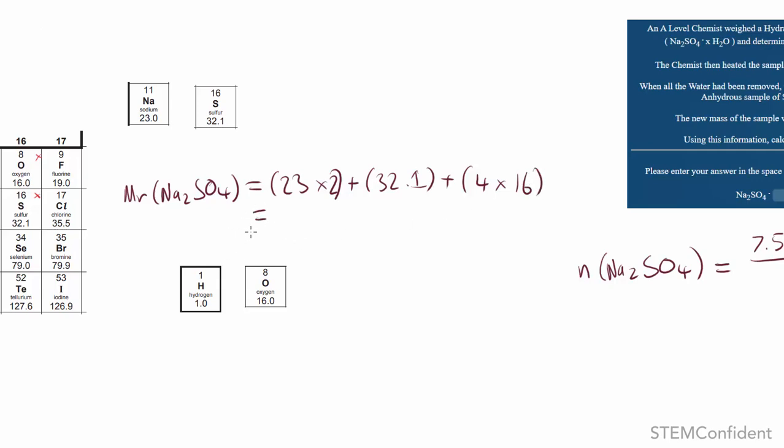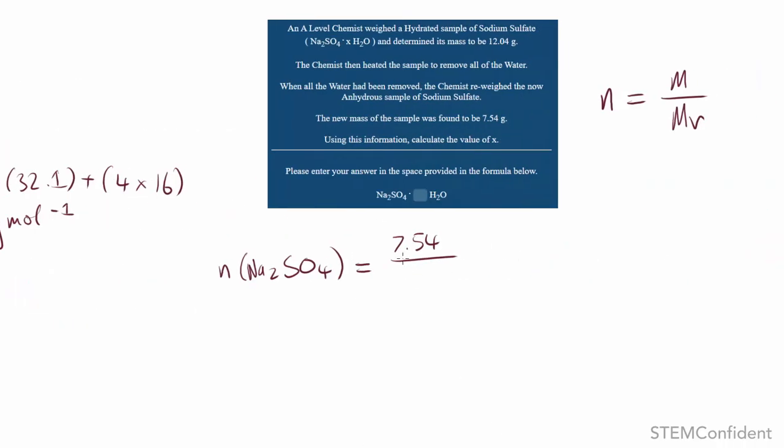So if you do have a go at working that out, what you should find is that gives you 142.1, and that's going to be in grams per mole, right?